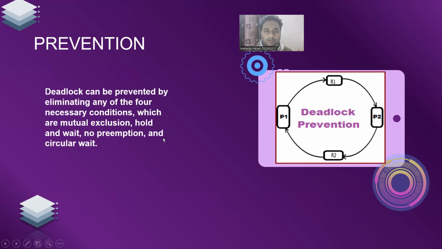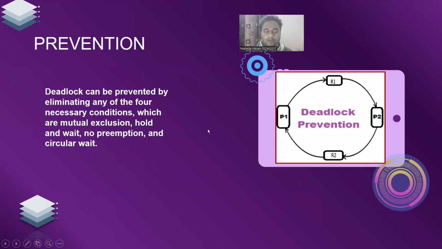No preemption means we allow forceful preemption, where a resource can be forcefully preempted. The preempted resource is added to the list of resources for which the process is waiting. The process can be restarted only when it regains its old resources. Priority must be given to the process which is in the waiting state.